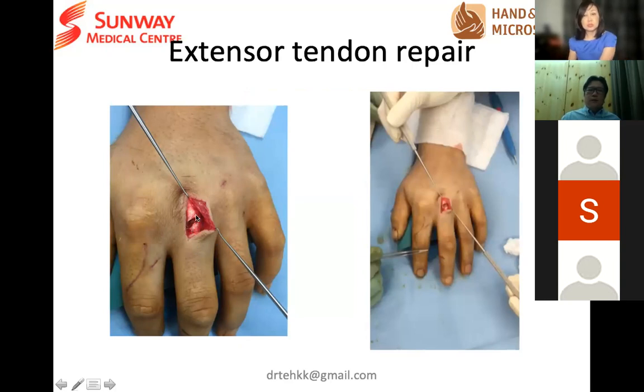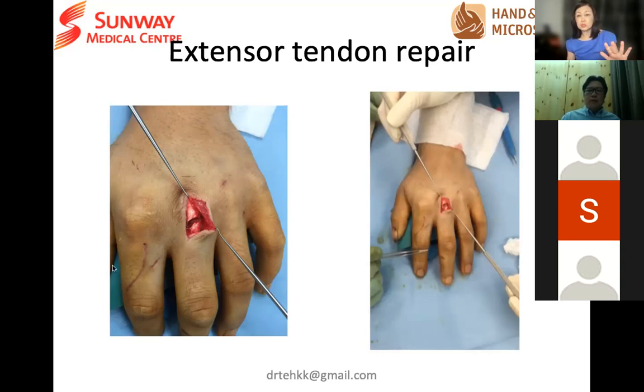And then many weeks later, the patient will come back and say, how come my hand still cannot use, I still cannot use my hand properly? And you can see, this is nearly fully cut, just a few strands of tendon left that are still attached. Therefore, he can still move the finger, but actually he cannot hyperextend the finger anymore.